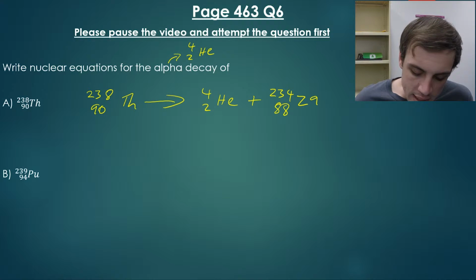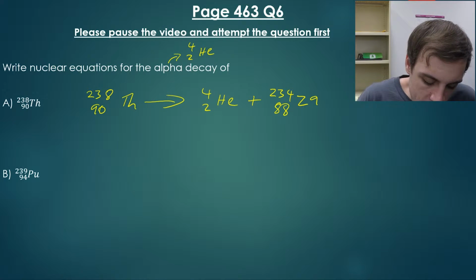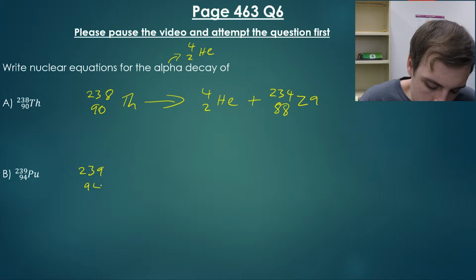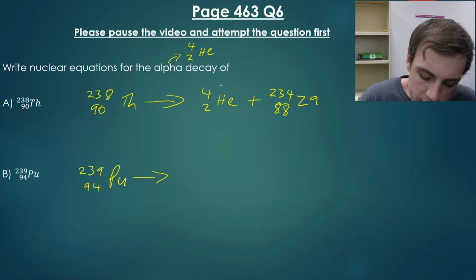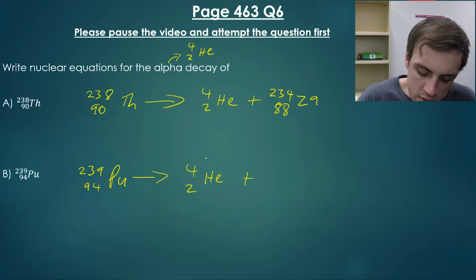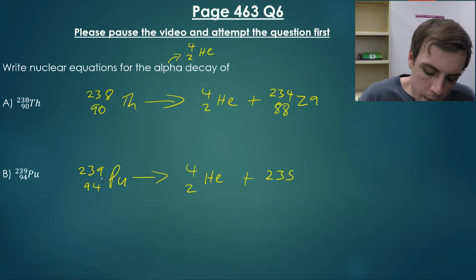So now we have a look at the next one. So we have 239, 94, Pu. Same deal, we have a helium nucleus, so 4, 2, helium. And that will give us 239, so we subtract 4, so 235. 94, we subtract 2, so 92.